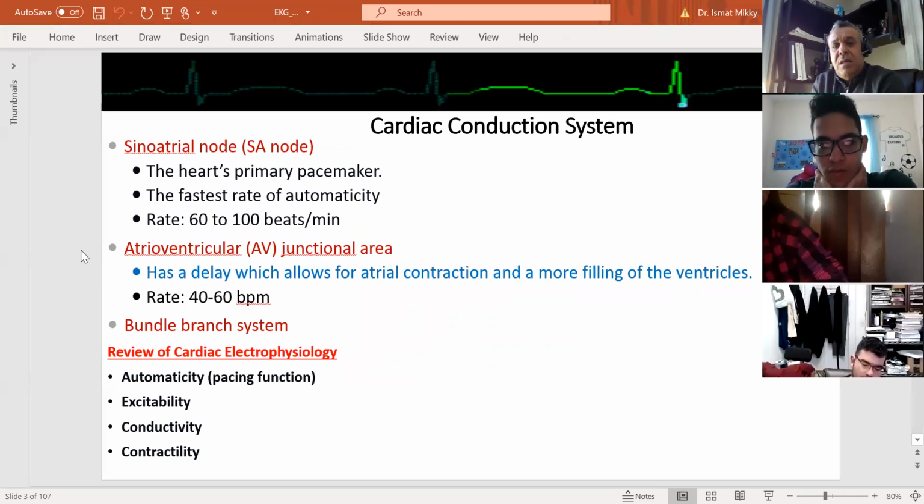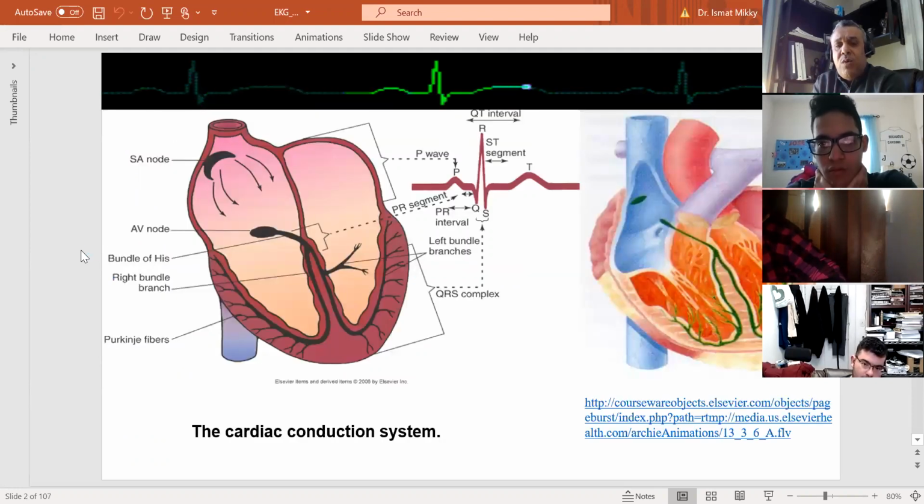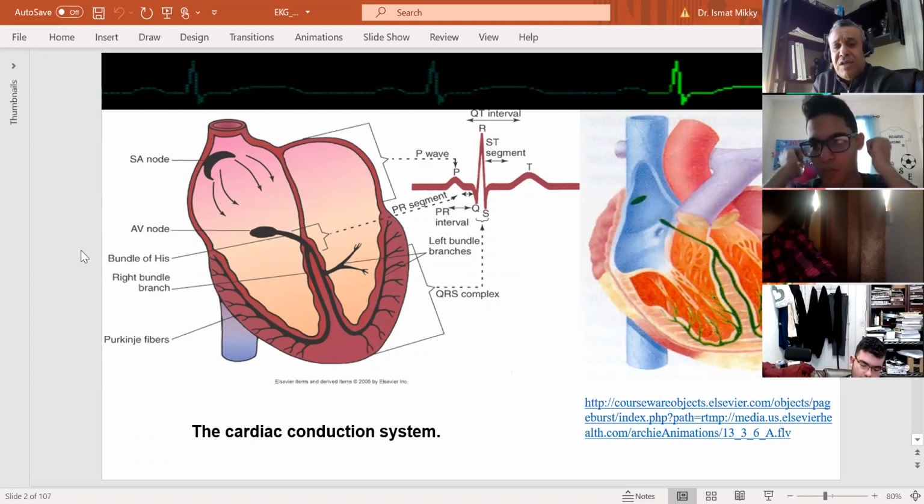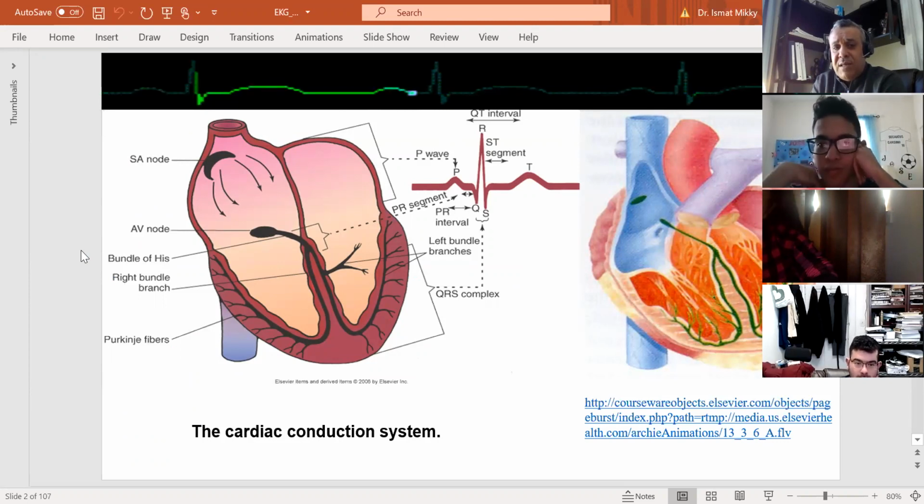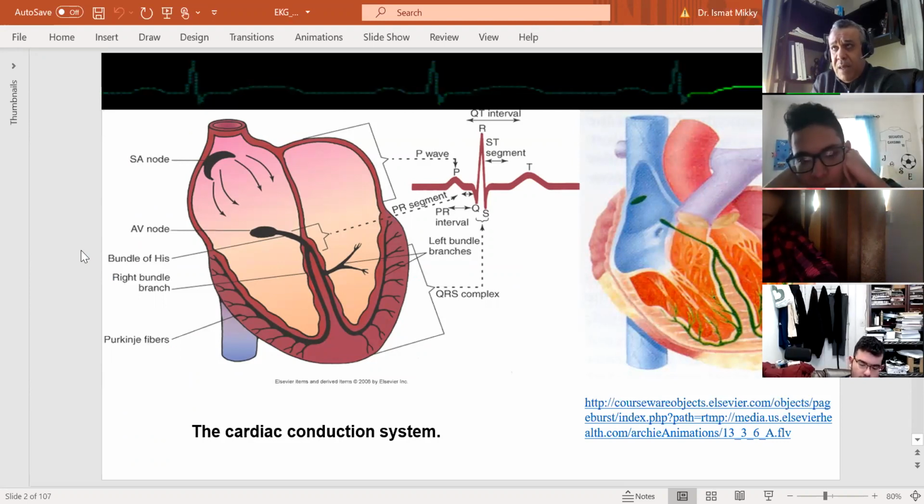I'm sorry, can you say that again, innervation and mechanical? Yeah, the innervation is the pathway of the impulse from the SA node to the AV node to the rest of the conduction system. This is called the pathway of the impulse, the innervation of the heart.